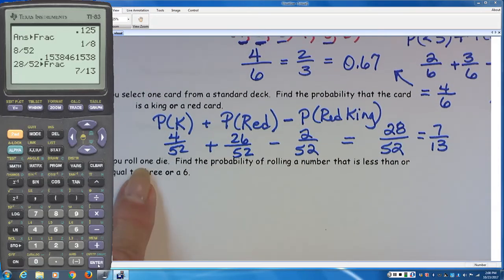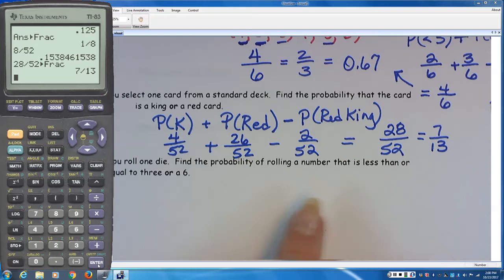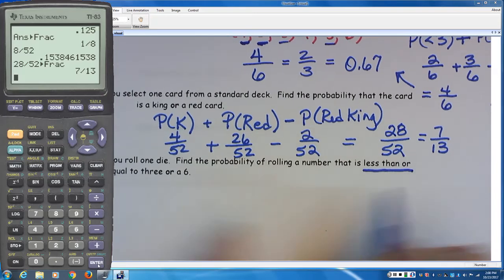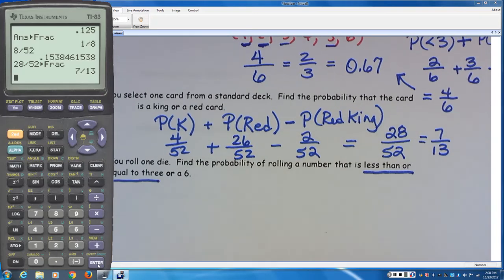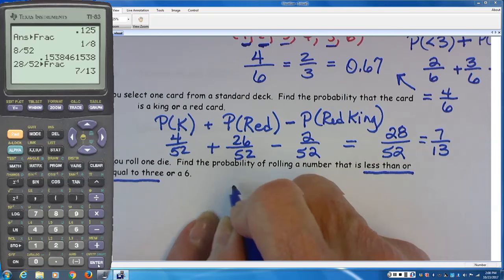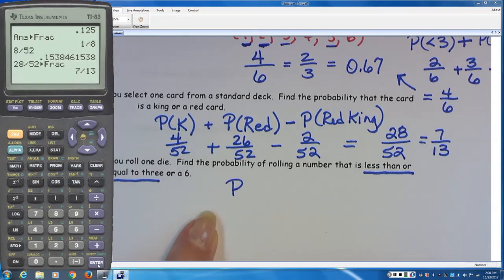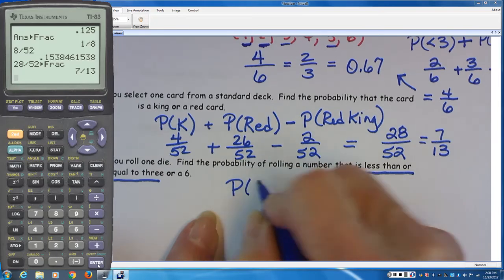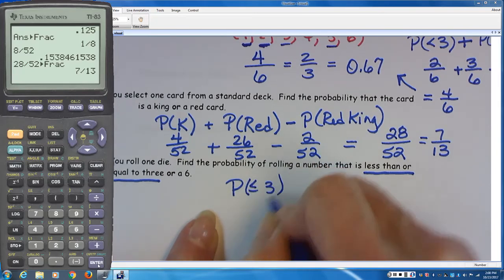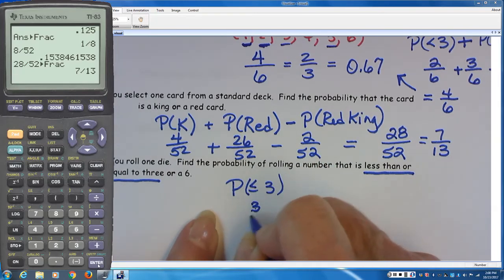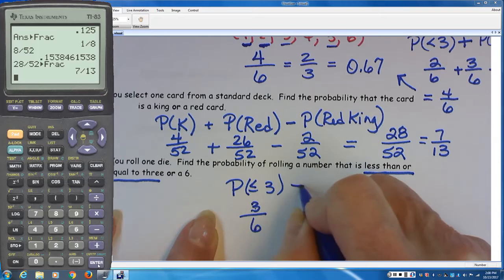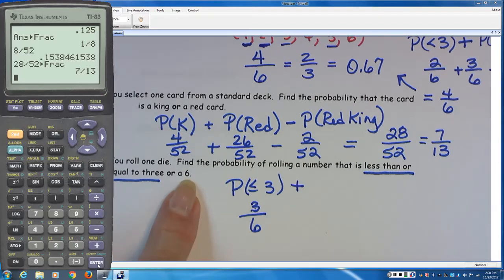You roll 1 die. Find the probability of rolling a number that is less than or equal to 3. So that would be what? That will be 1, 2, 3, or a 6.